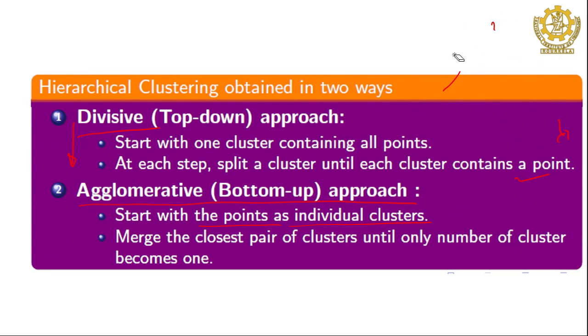I will explain in more detail. Let us say there are 4 points only. You start with each individual point as a cluster, and then you merge the closest pair, let us say you merge 2 and it becomes 1, until all points become a single cluster.